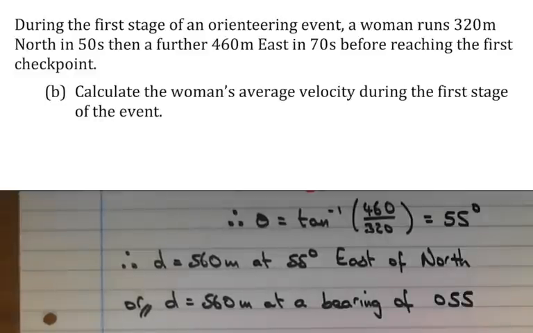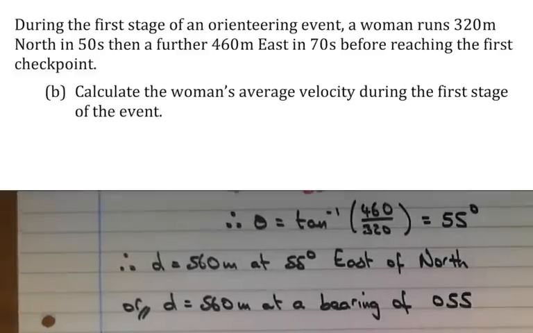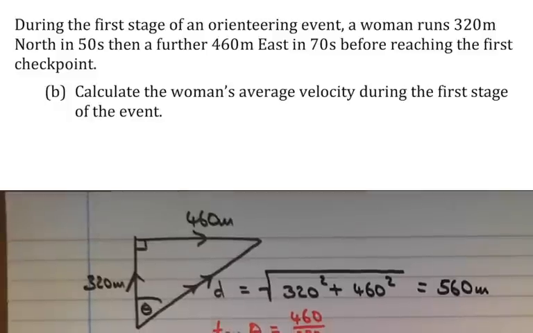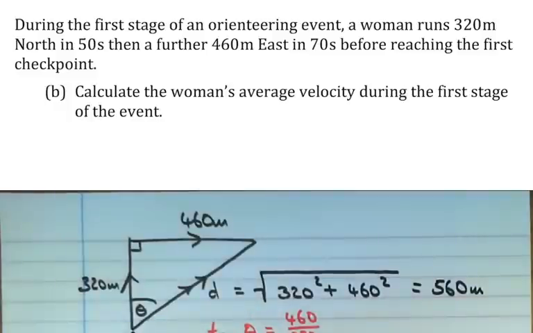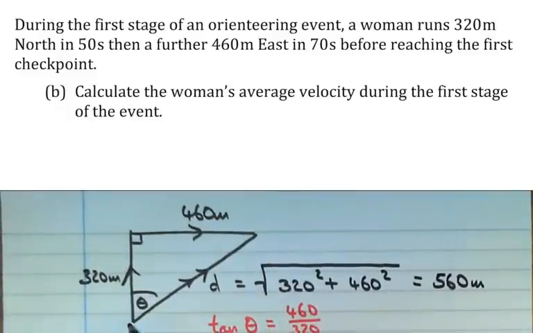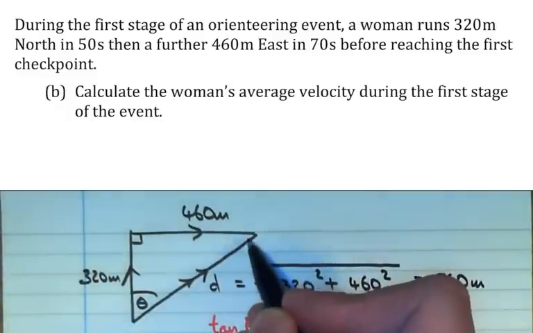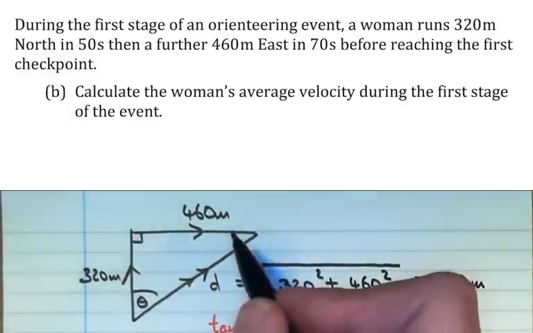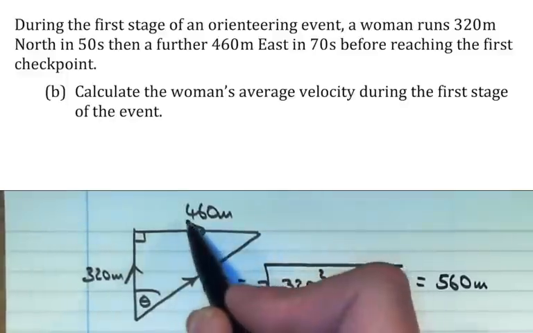Now what I could have said before is, if you were asked to work out the distance, and I go back to where we started, this diagram here, the displacement was directly from the starting point to the finishing point. If we had to work out the distance, because distance is a scalar, we would just add the 320 plus 460.